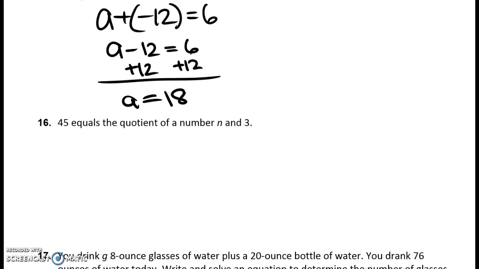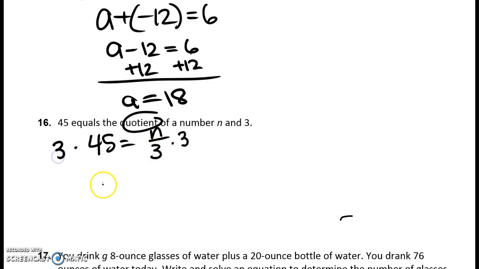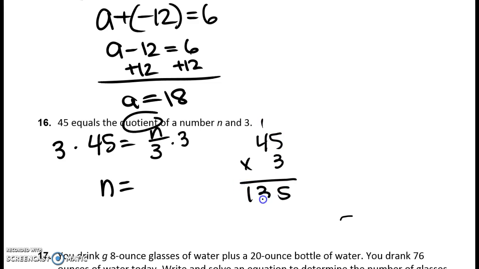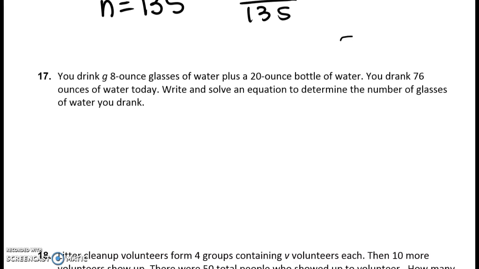Number 16, 45 equals the quotient, that's division, of a number n and 3. To undo division, you multiply both sides by 3, and n is equal to 45 times 3, which is 135. And that's that.